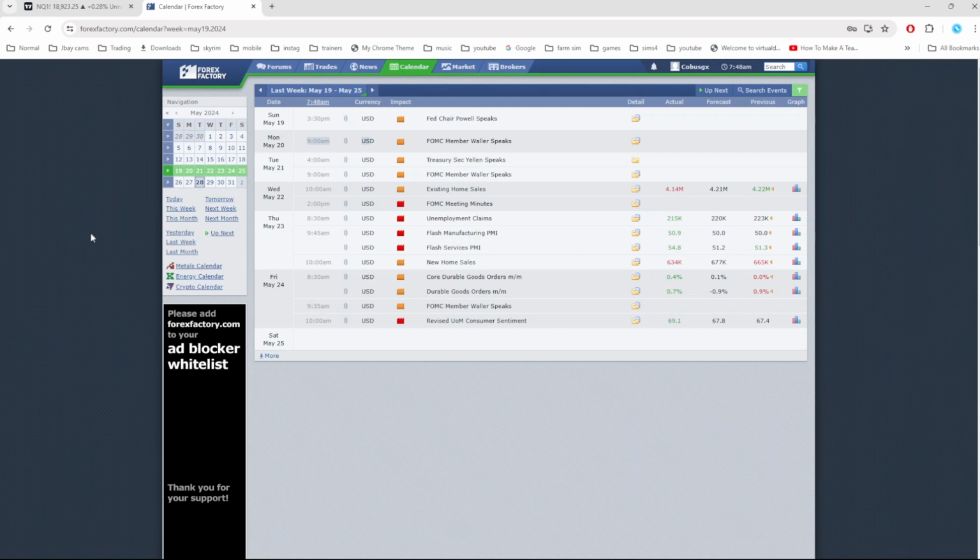It depends on the weekly calendar. It depends on the specific news event that's coming up on that specific day. So there are a lot of factors that come into play that really decide if you're gonna find a setup or you're just not gonna find a setup.